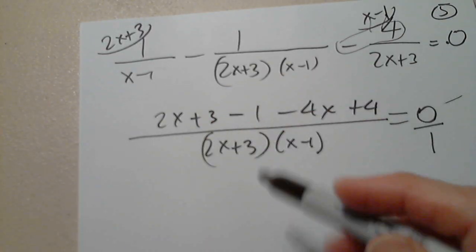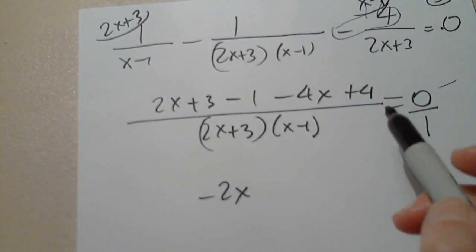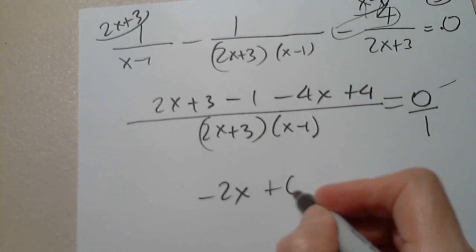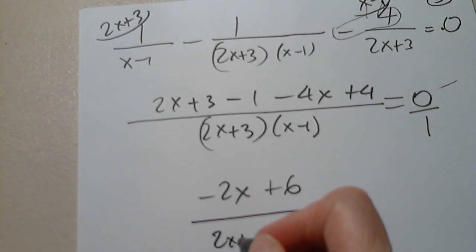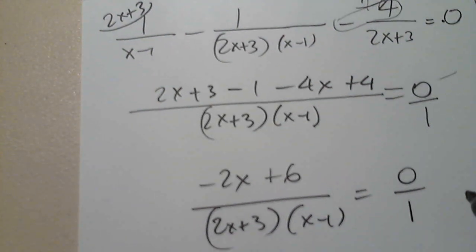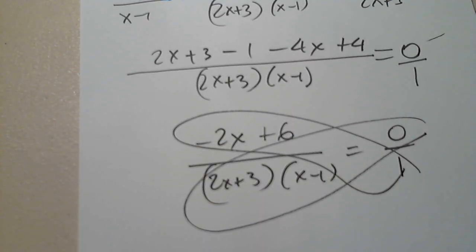Now when I cross multiply, let's simplify first. -4x plus 2x, 4 plus 3 is 7, minus 1 is 6, over 2x plus 3, x minus 1 equals 0 over 1. Now we will cross multiply. So when I cross multiply, what do I need to write? What is the next step that I have to perform?